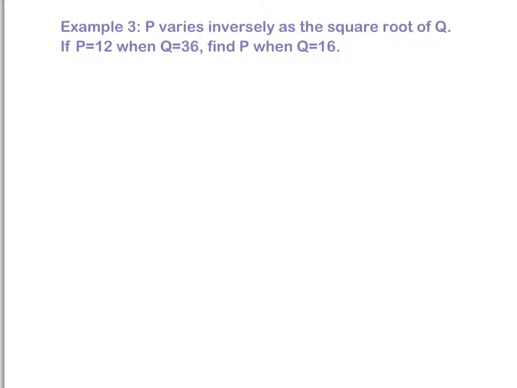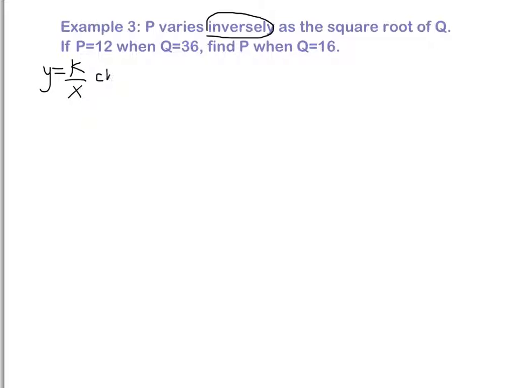Example 3, p varies inversely as the square root of q. If p is 12 when q is 36, find p when q is 16. Step number 1, decide what equation to use. This says it varies inversely. So we're going to be using what would be y equals k over x, but this time it's not x's and y's.